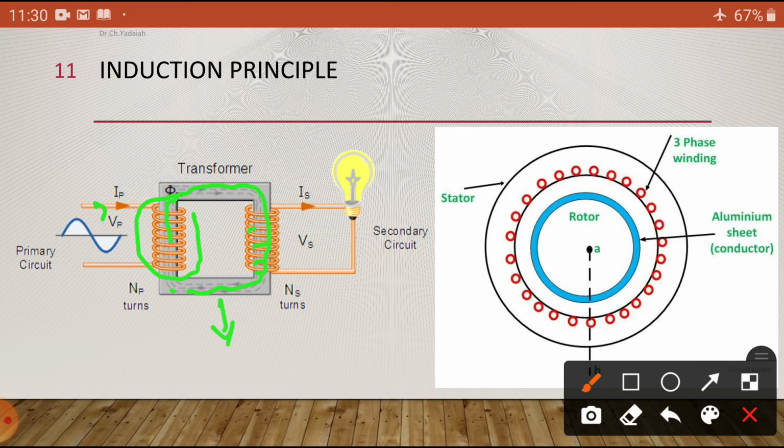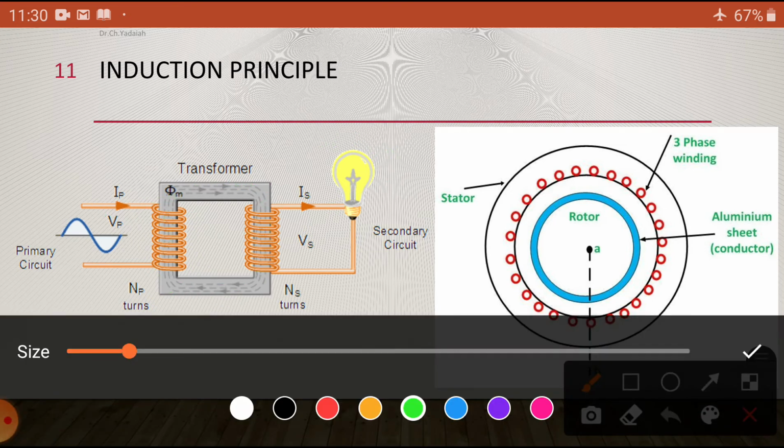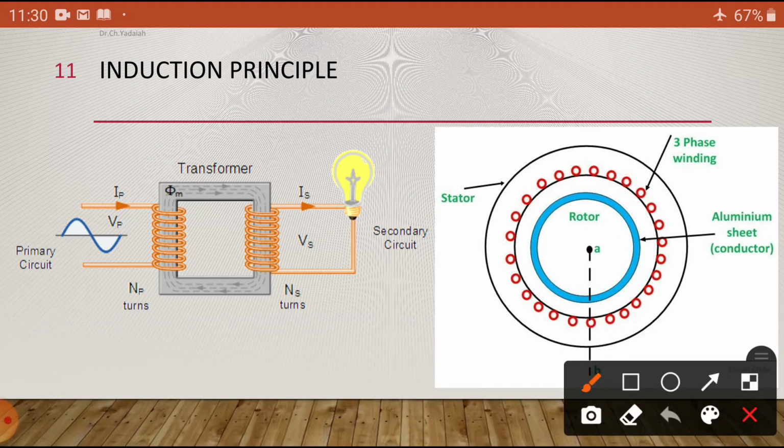Then the induced EMF in the secondary is given to a bulb load, and the bulb glows. You can see that between primary and secondary there is no physical contact between the two wires. Whatever comes from the primary and from the secondary is physically isolated.